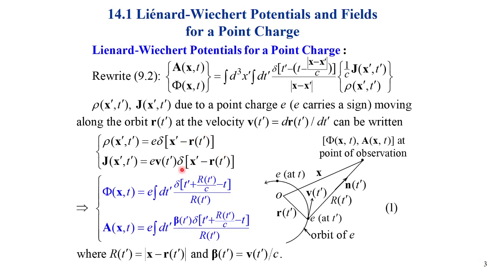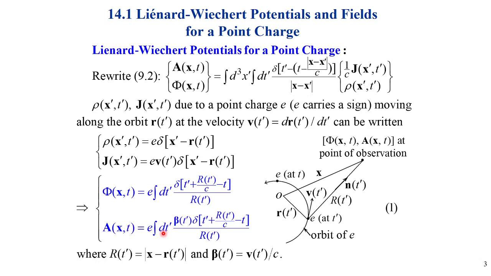Otherwise, just zero. So we just evaluate at a specific time point t prime. So by substituting this equation to here, this equation to here, and this equation to here, we get these two equations.